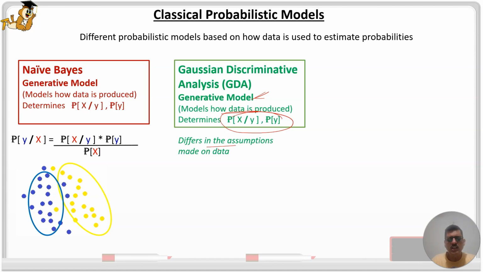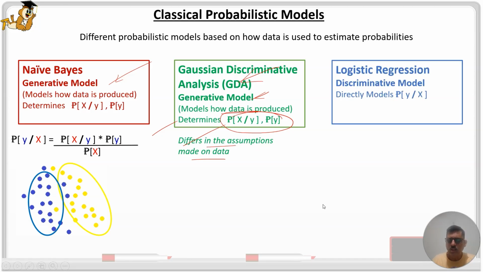It only differs in the assumptions that you make on data. So the assumptions that are made on the data in naive Bayes are different from the assumptions you make on the data in Gaussian discriminant analysis, and therefore depending upon which assumptions hold in your particular case for your particular problem, you would decide what approach to go with. Both are generative models.